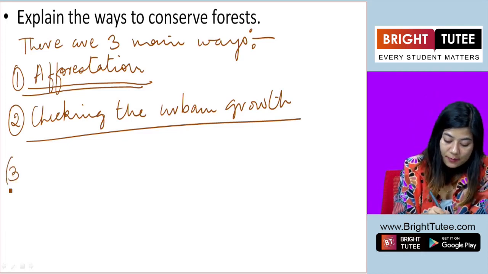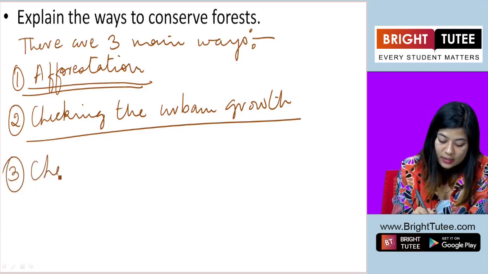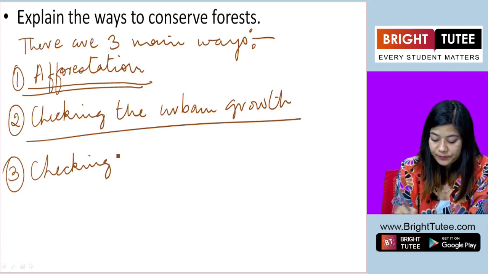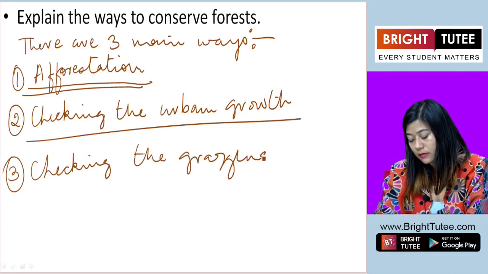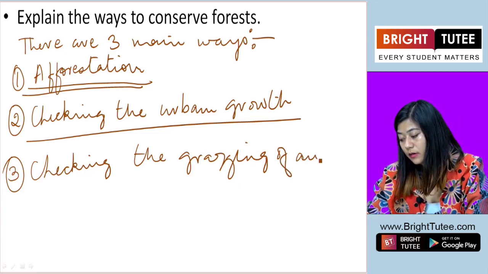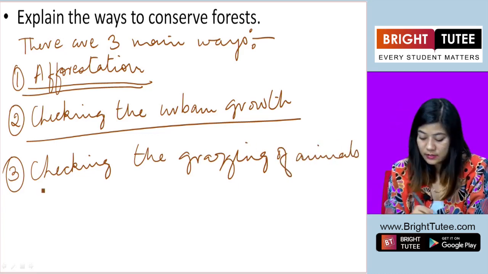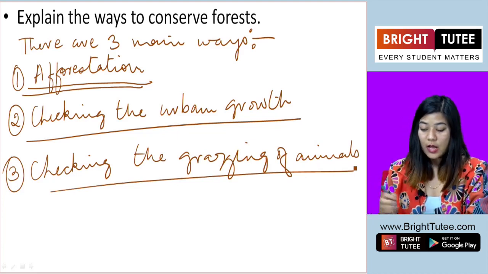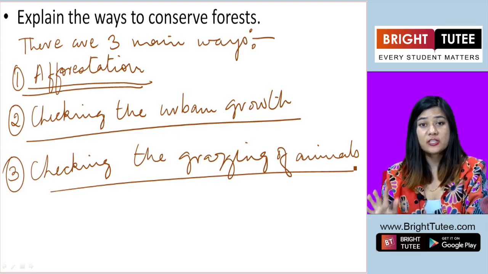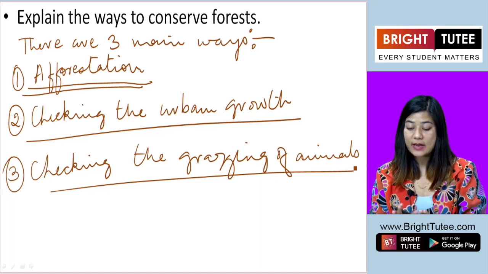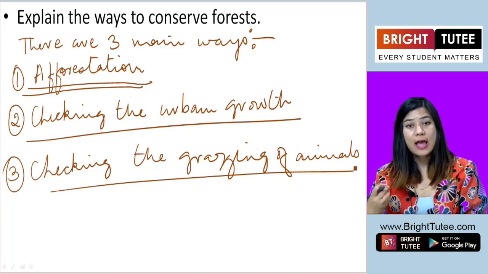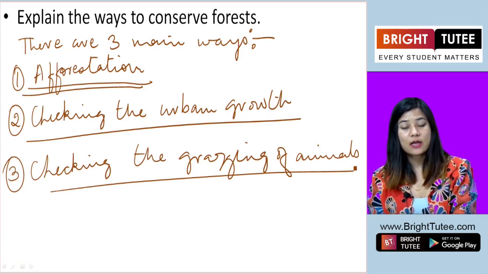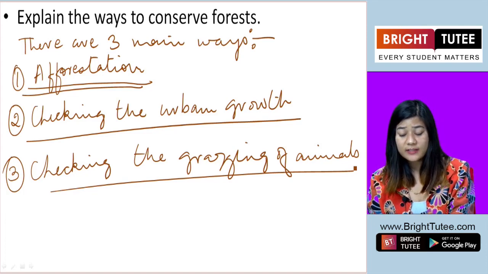And number 3 and the last is by also checking the grazing of animals. So, by making sure that a pasture of land or the area of land is not overgrazed by animals, animals of the nomads or animals of the other areas.